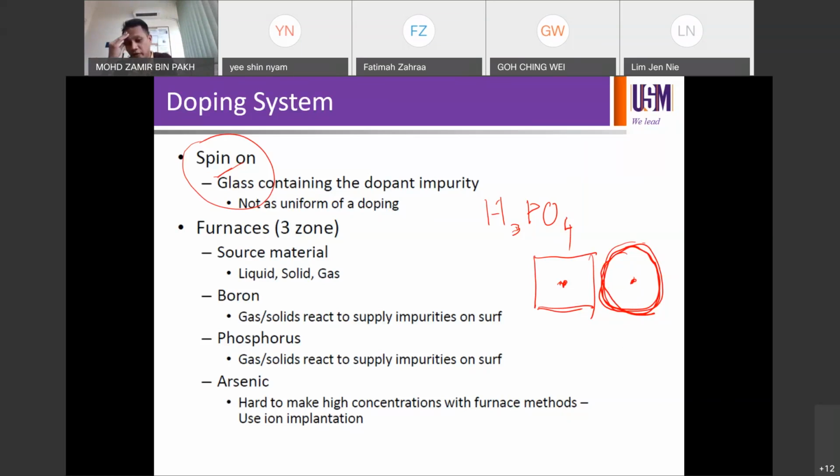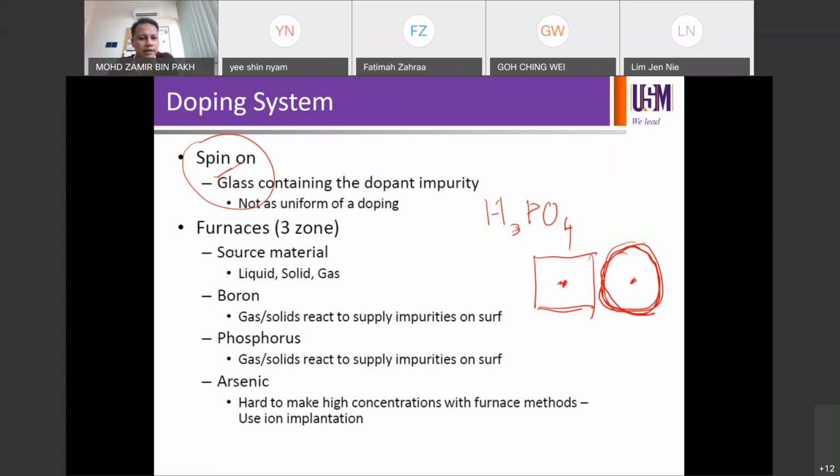Yeah, it's not going to be uniform, but you have to look into the direction of the force while doing the spinning. Which is the direction of the force and why does it cause the distribution of the liquid to be non-uniform? You will not have uniform distribution for one reason. Okay, you figure it out.